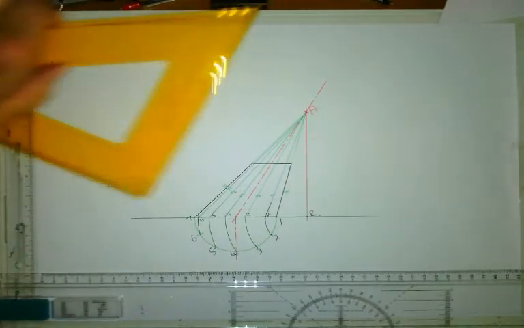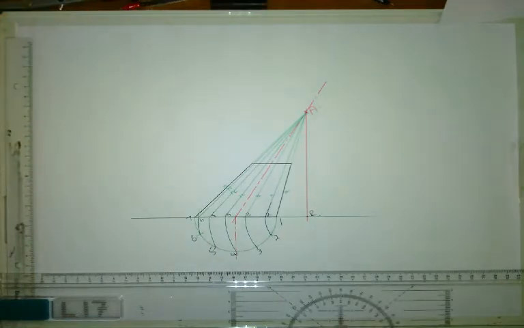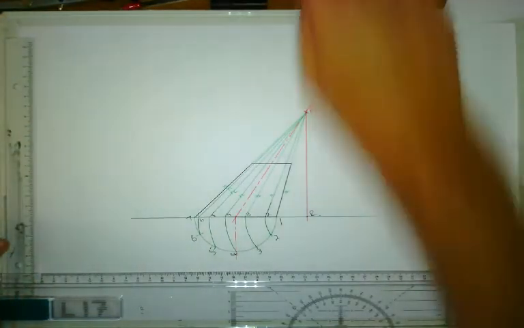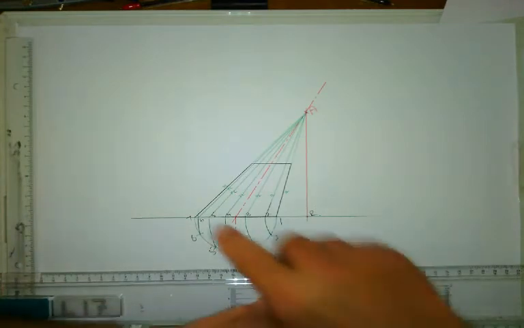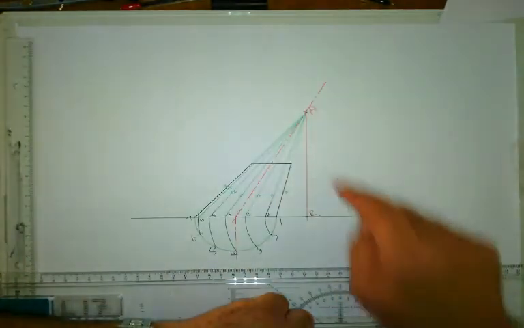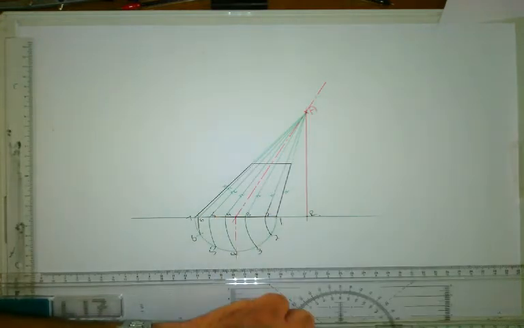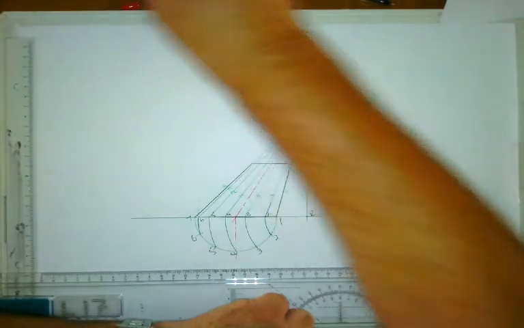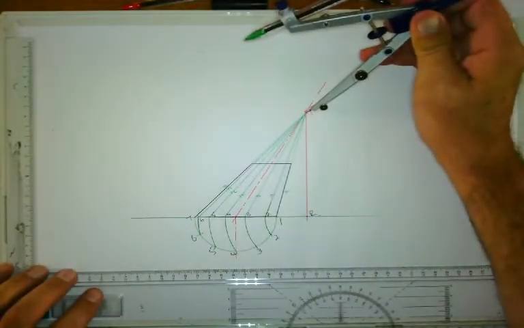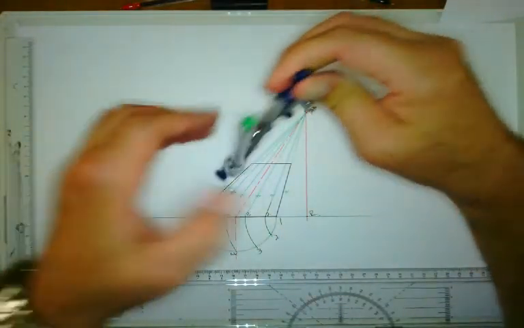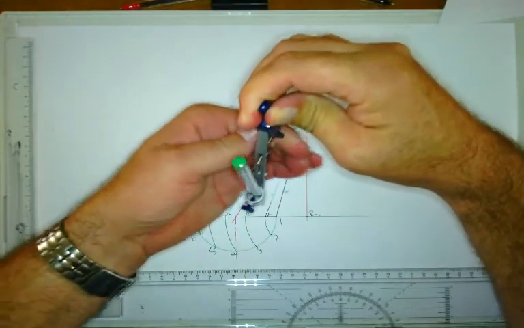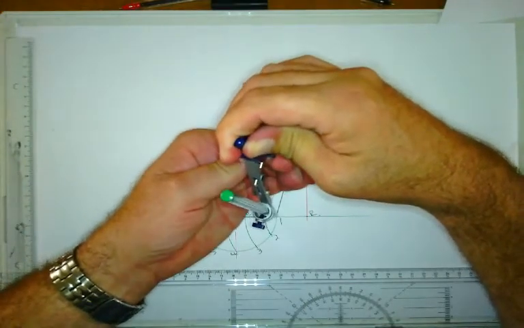Now the development for this one differs from the other one because now, instead of having one baseline and an apex to work with, you're actually going to have 7 baselines. 7 of them. So what you need to do is, from your apex, take your first distance, which is number 1 here.